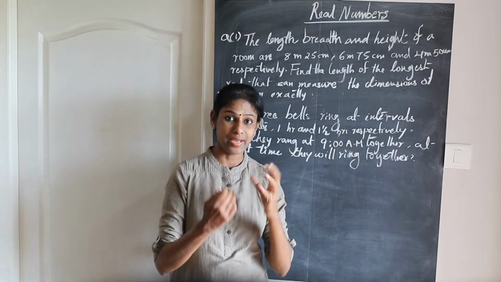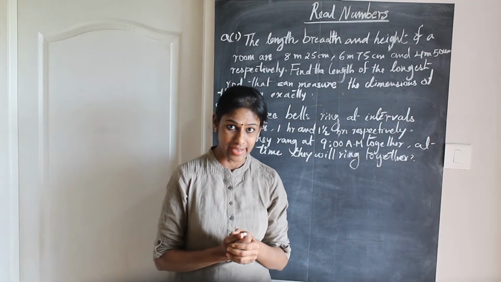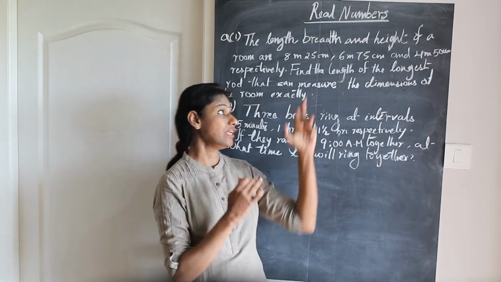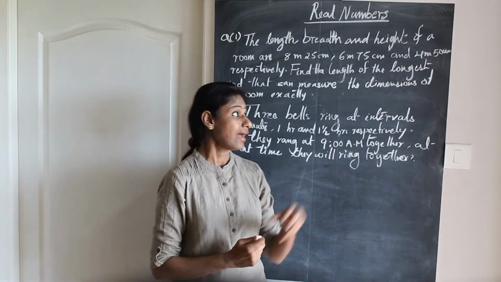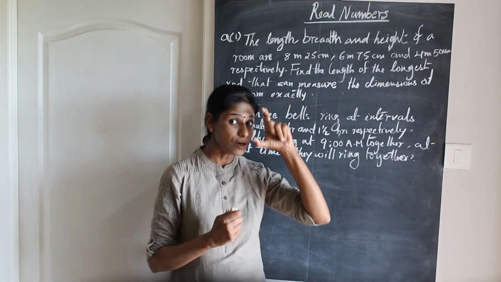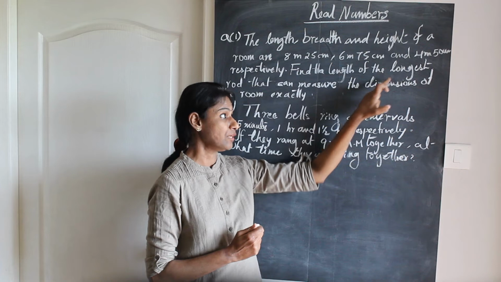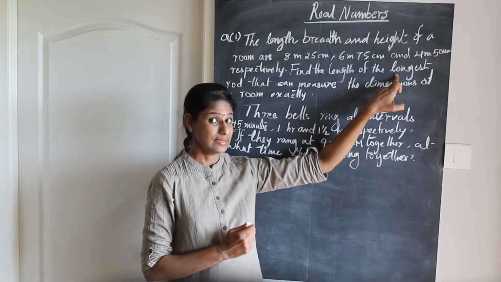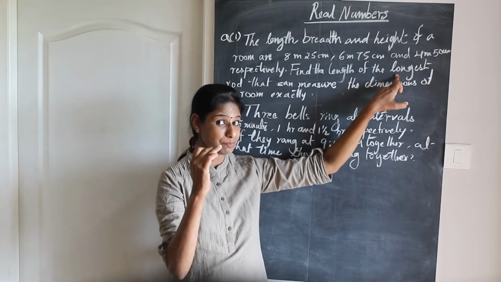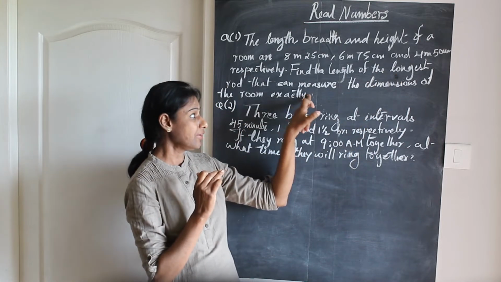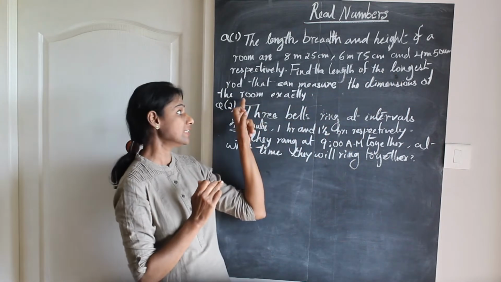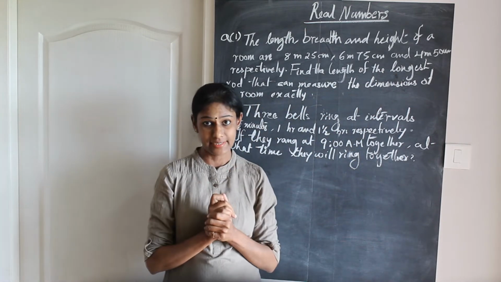So we need to make a rod or a scale using which we need to measure the length, breadth and height of the room, and the length must be optimum so that we can measure the dimensions of the room exactly.